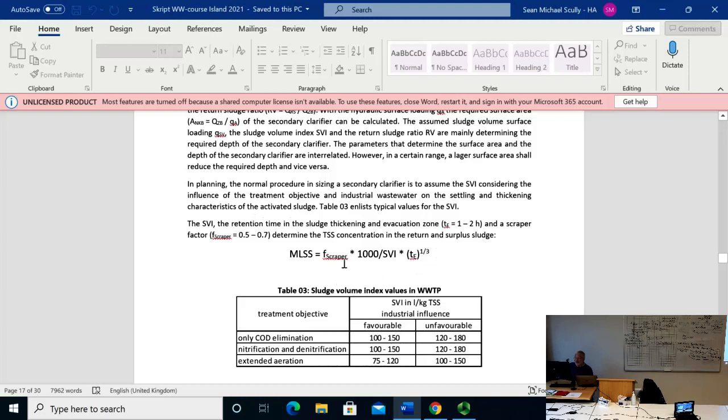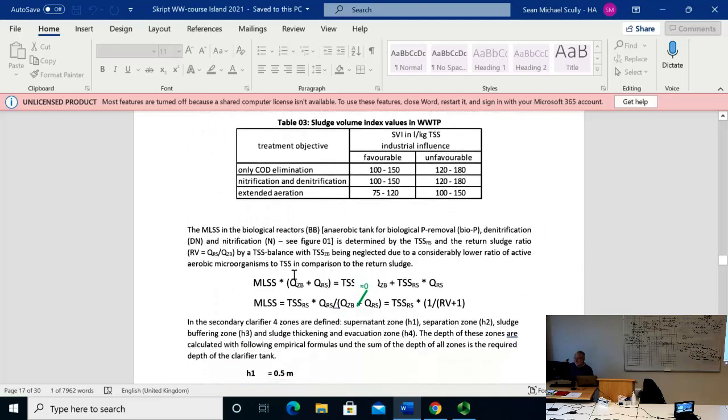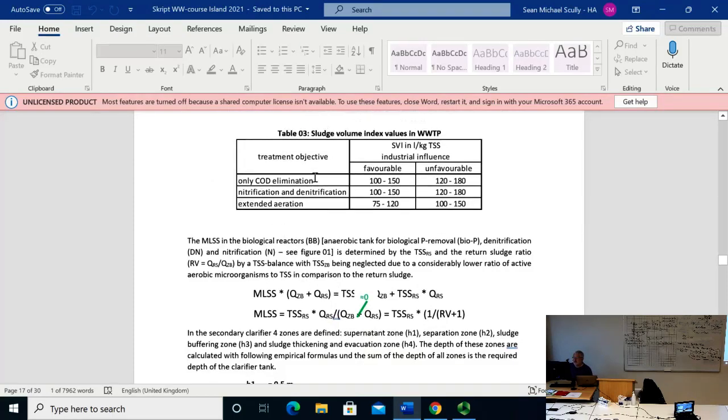This is what I showed you. This is not correct here. Sorry, this is a mistake, because this is the TSS in the return sludge. It's not yet the MLSS. This you have to correct, please.